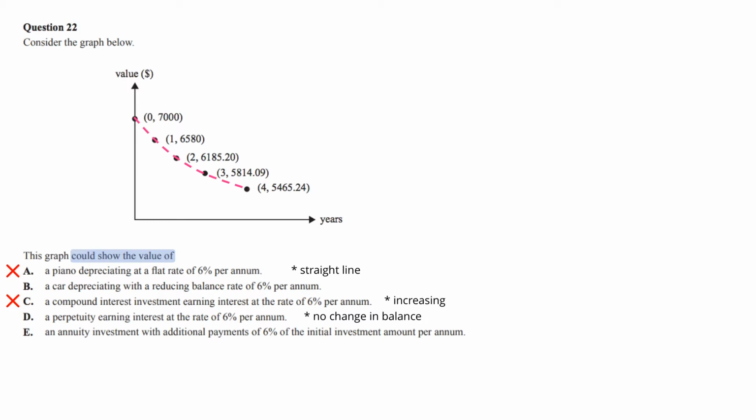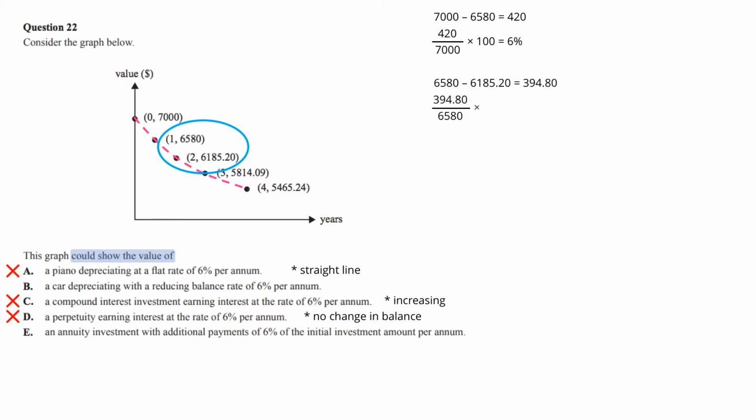Now, let's calculate the percentage change in the first year. So we have $420 out of $7,000 represent 6%. So there is a percentage change of 6%. If we calculate the percentage change in the second year, we obtain the same percentage, 6%.